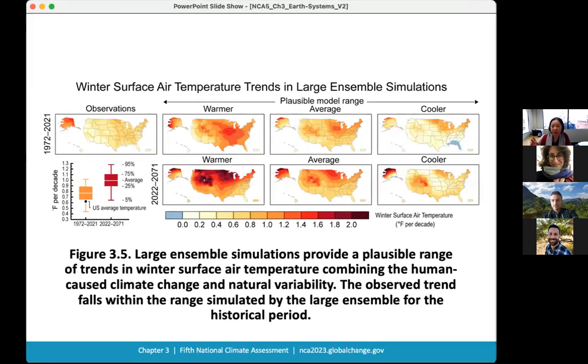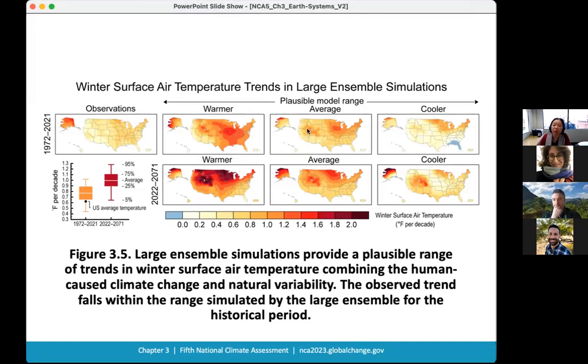In this case, the climate model was run 100 times by perturbing the initial condition. And so we end up with 100 different simulations of the past warming. And you can see that the plausible model range of the warming is wide: you can get one ensemble member which produces larger warming, and then an ensemble member where the warming is much smaller, and in fact some areas might even exhibit small cooling.